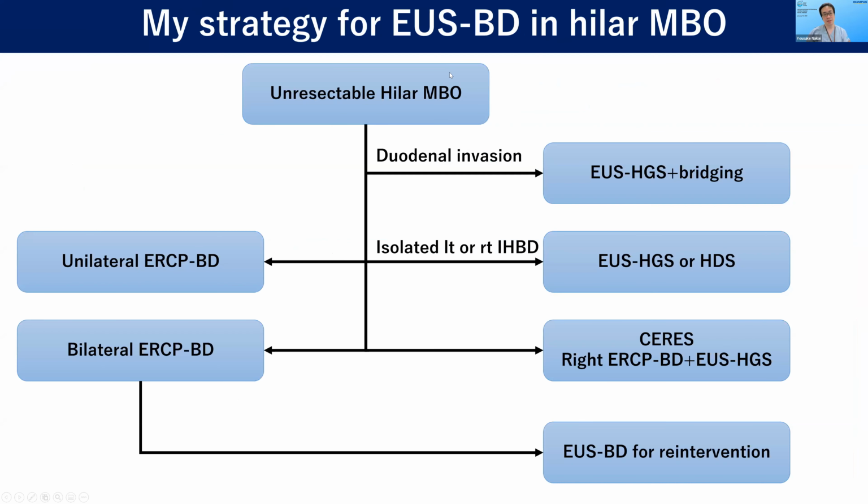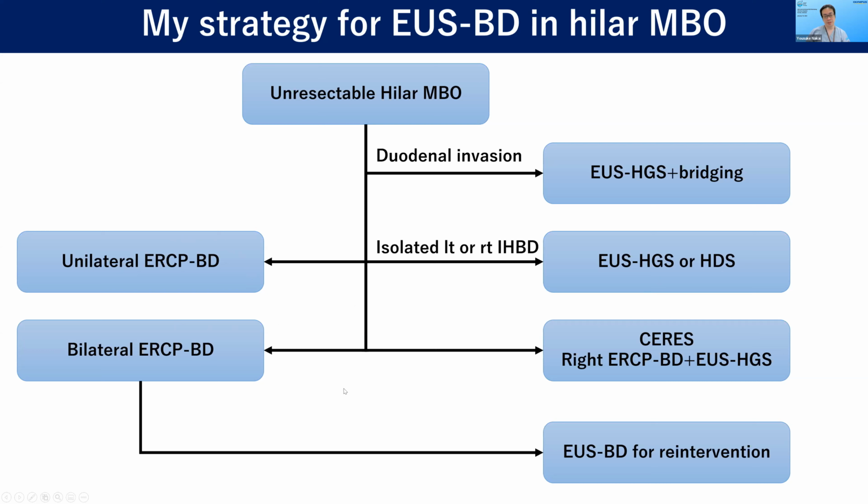This is my strategy. If the patient has unresectable hilar malignant biliary obstruction and duodenal invasion, we prefer EUS-guided hepaticogastrostomy and bridging. And if it's isolated left or right intrahepatic bile duct dilation, then we can perform EUS-HGS or HDS, or we can also perform ERCP.